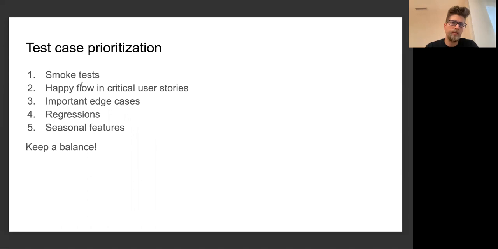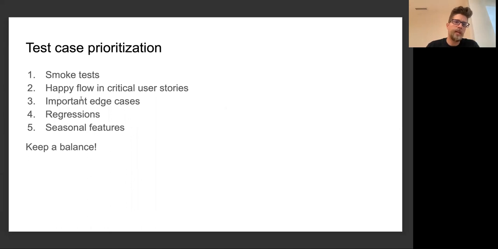The next thing to cover is the happy flow of the critical user stories. So well, the most important thing, the thing that is bringing money to the company, this should always work. So it's important to double check it and have some automated check that is running all the time.